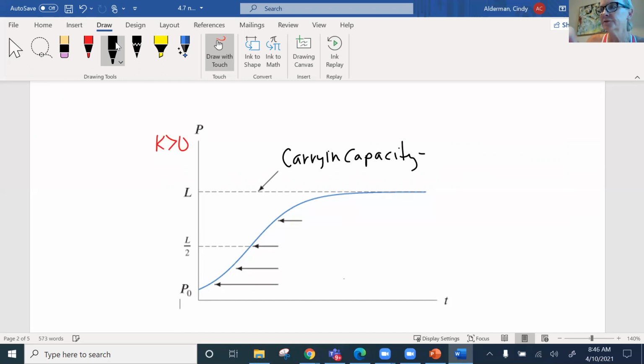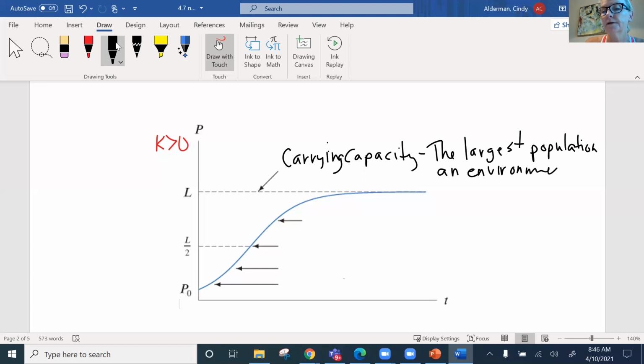And let's think of different ways Wiley could ask you a question. Let's say the largest population an environment can support.